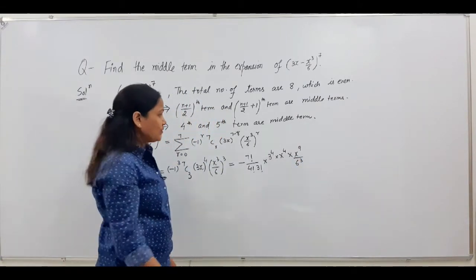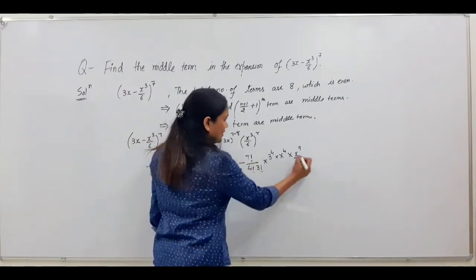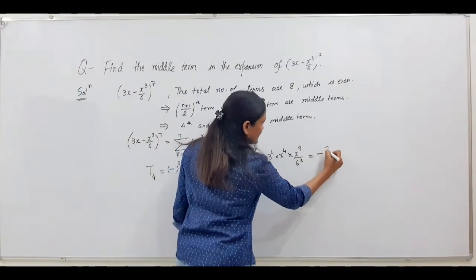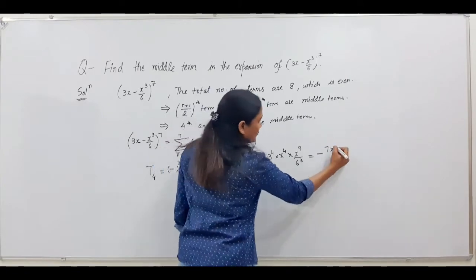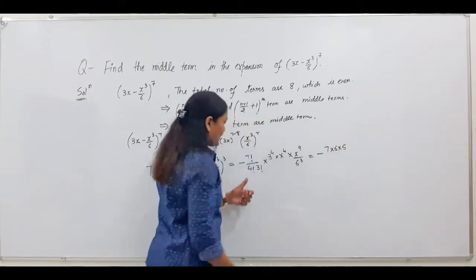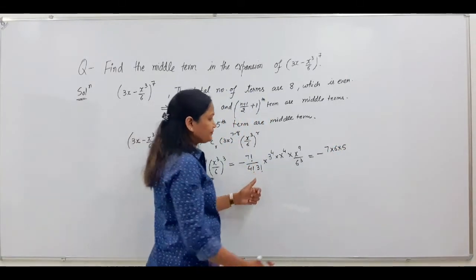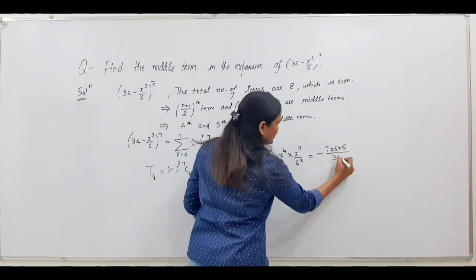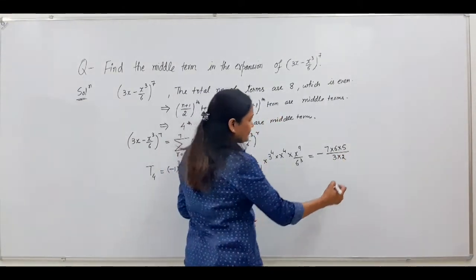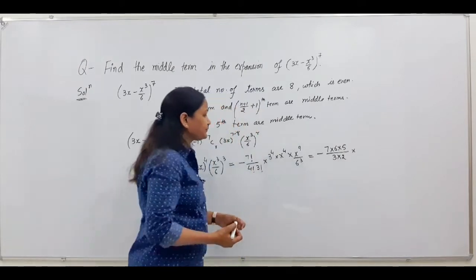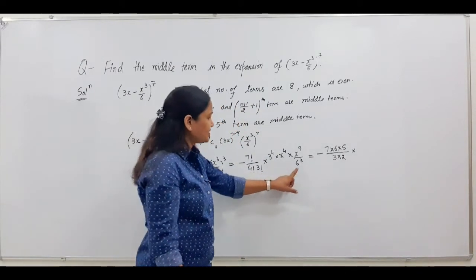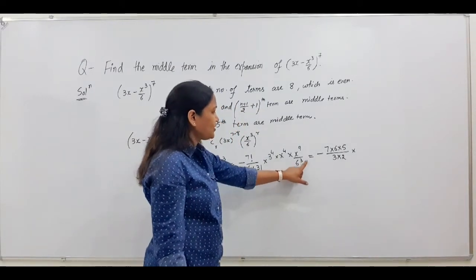That will be equal to minus 7 into 6 into 5, the 4 factorial will cancel out, upon 3 into 2, multiplied by, this can be written as 2 raised to power 3 into 3 raised to power 3.